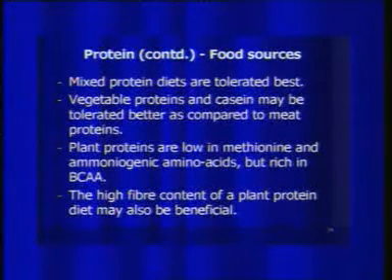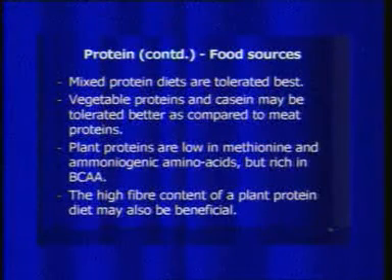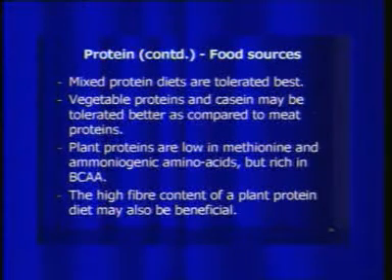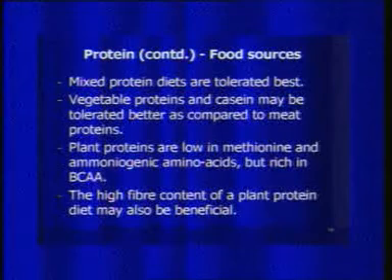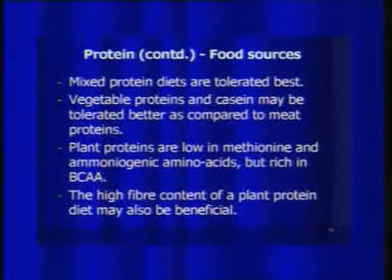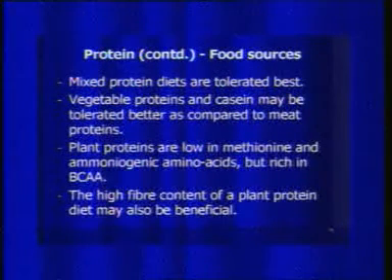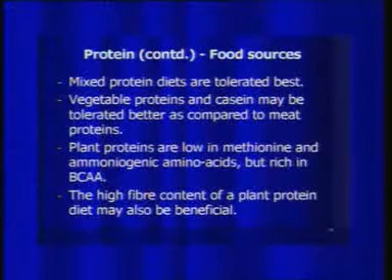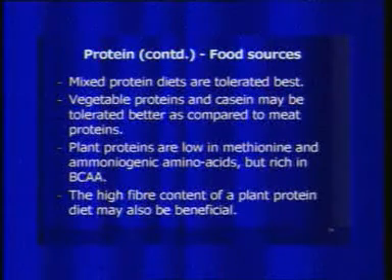Plant proteins are low in methionine and ammonogenic amino acids but rich in branch chain amino acids. The high fiber content of a plant protein diet may also be beneficial. This is particularly so in case of hepatic encephalopathy patients.